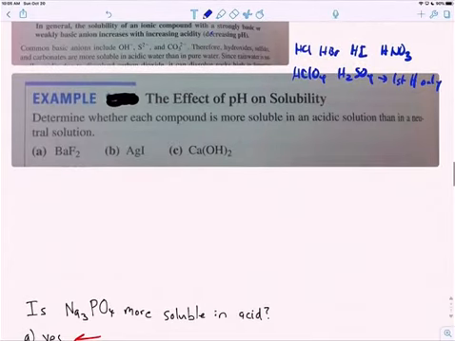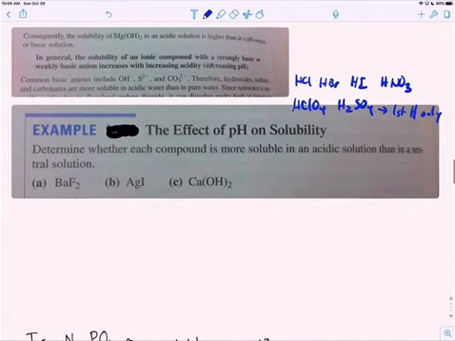All right, so next thing is the effect of pH on solubility. Is the compound more soluble in acidic solution or neutral solution? So remember the strong acids: hydrochloric, hydrobromic, hydroiodic, nitric, perchloric, and sulfuric, the first hydrogen for sulfuric.